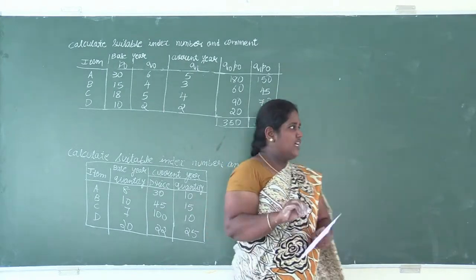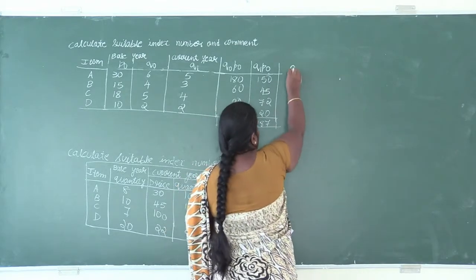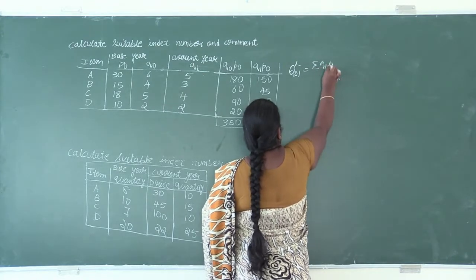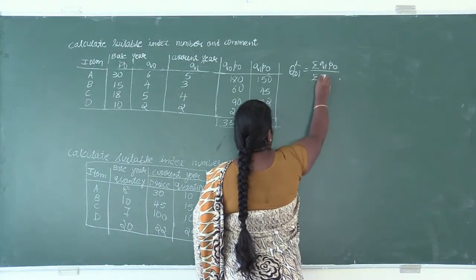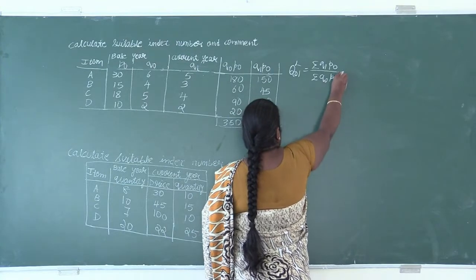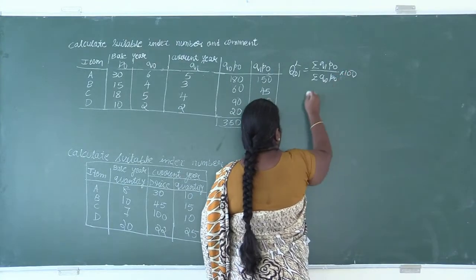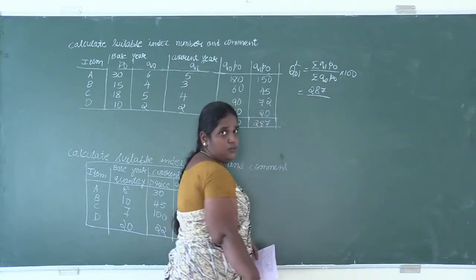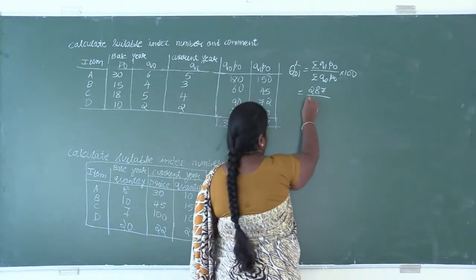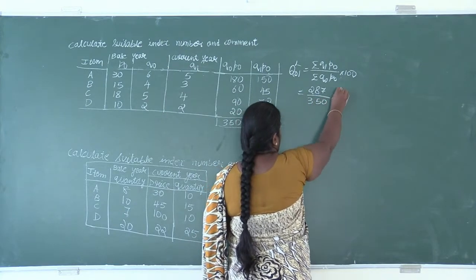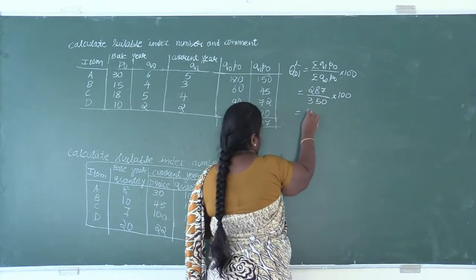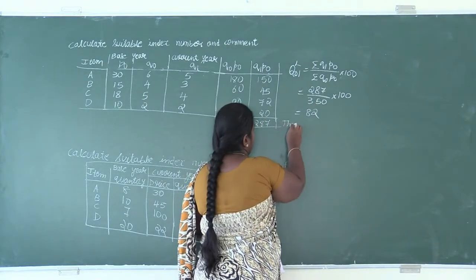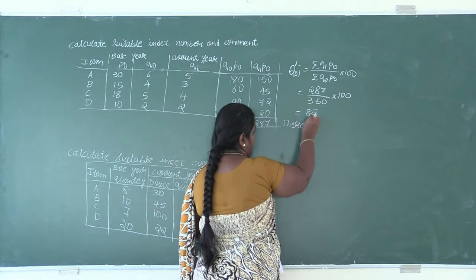Write the formula of Laspeyres quantity index number. It is Q01L equals sigma Q1 P0 divided by sigma Q0 P0 into 100. So Q1 P0 is 287, Q0 P0 is 350. So 287 by 350 into 100, it is 82, and we have to write the conclusion. So when we subtract from 100, we'll get minus 18.